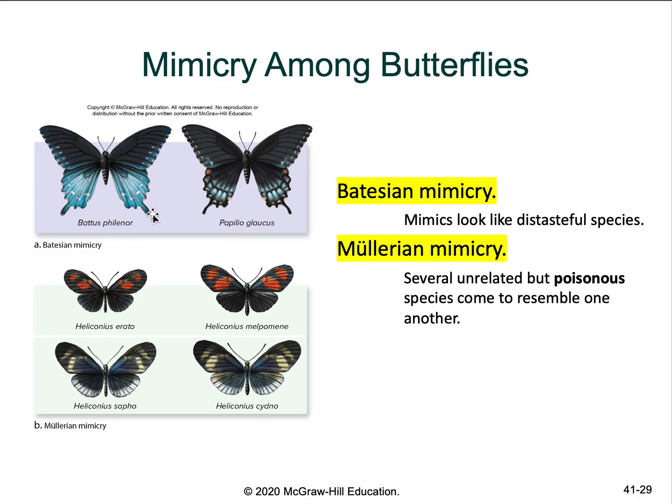That's really what it is for, because birds will know by learned behavior that, oh, this one hurt my stomach, so I can't eat any more like that. And so that's why they kind of all look like each other.